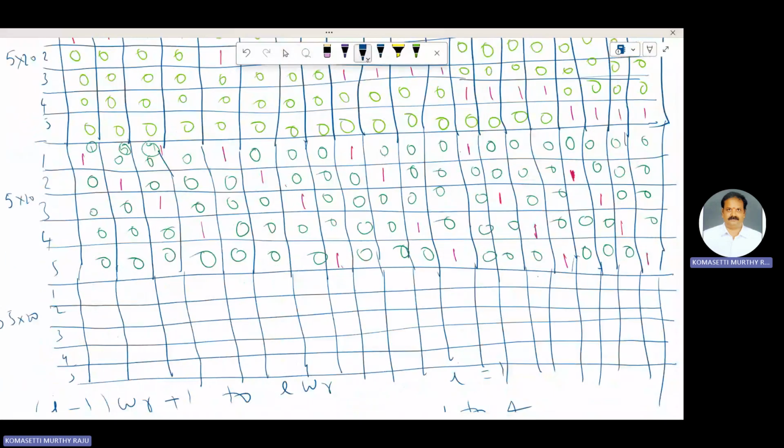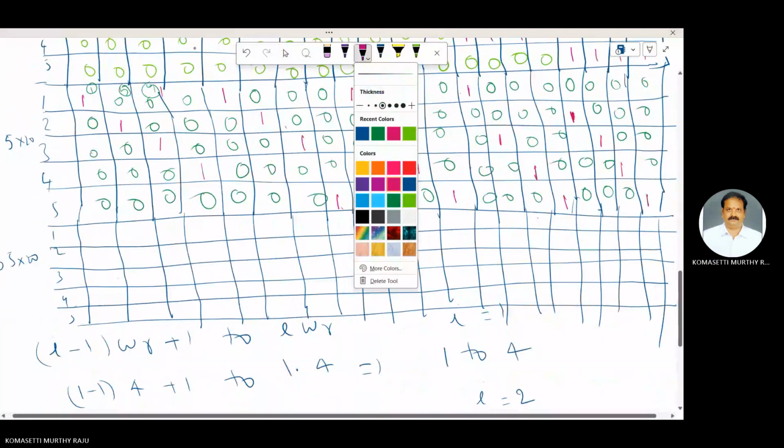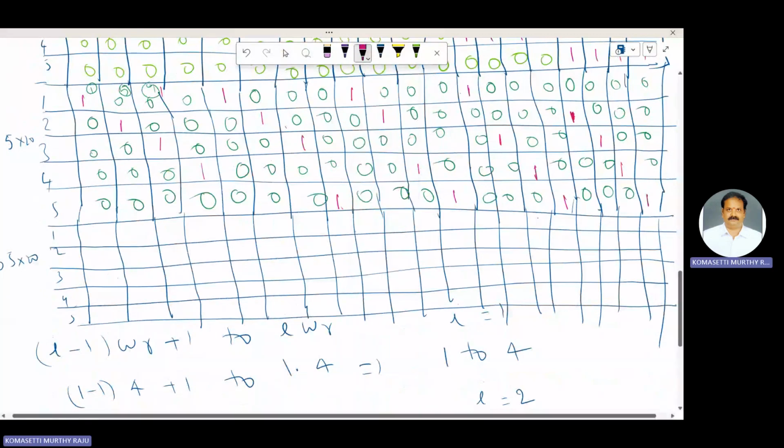That is the reason I will follow this procedure. Just put ones randomly and see the covered columns. Each column contains one element, one number. Here 1, 1, 1.